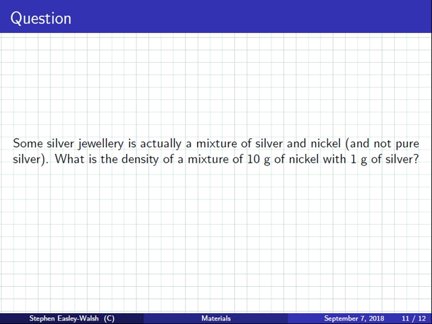Too small. 10 to the minus 6. Give up? Okay. Shall we calculate? Somewhere's going to get it.